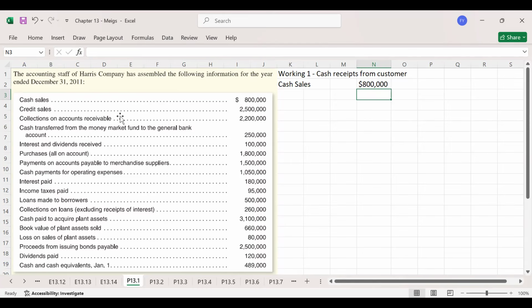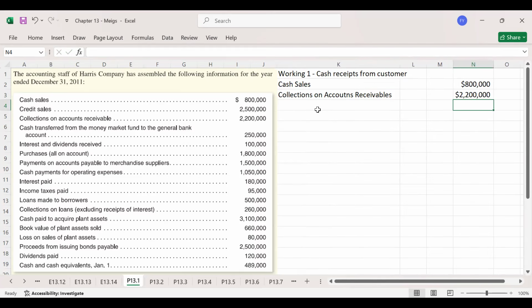Then collections on accounts receivable. Collections on accounts receivable means that the company has collected cash from accounts receivable. So the total collection on accounts receivable is $2.2 million.